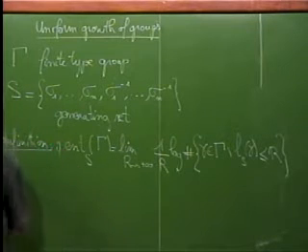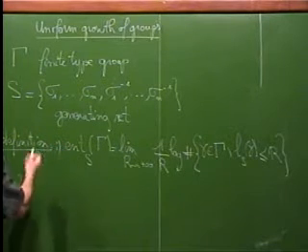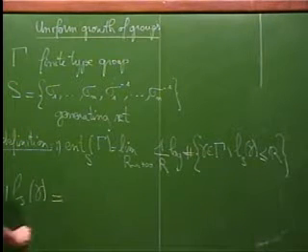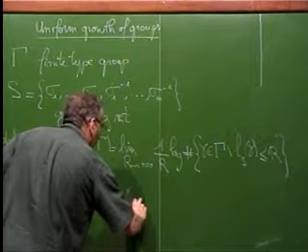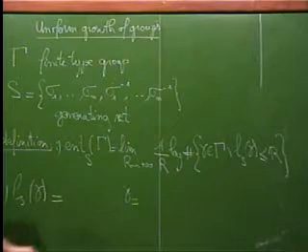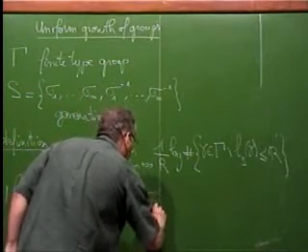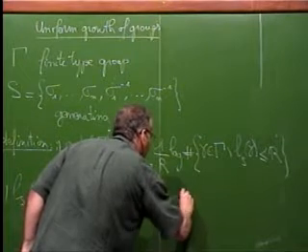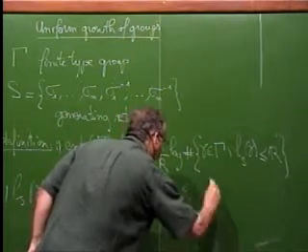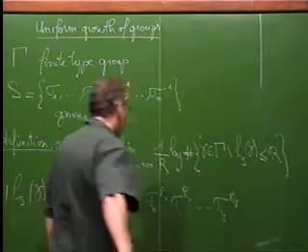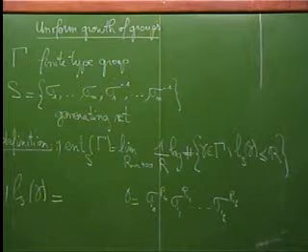So this is the first definition. Second definition, which should maybe be first: the length of gamma. If you take an element gamma, you can write it in terms of a generating set as a finite product of powers of elements of the generating set, sigma_i1 to the power p_i1, sigma_i2 to the power p_i2, and so on.